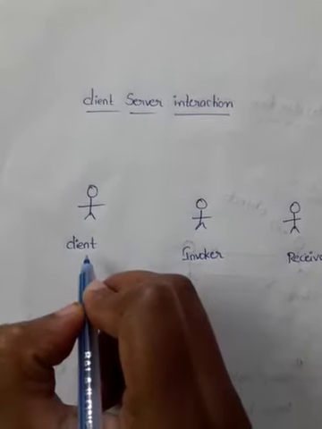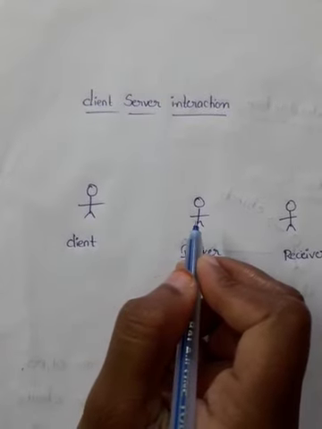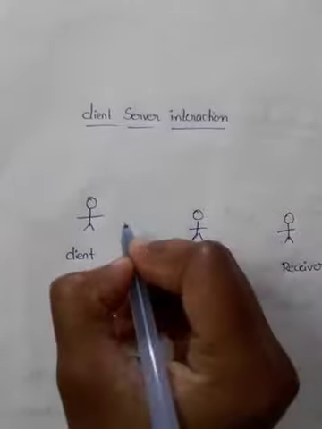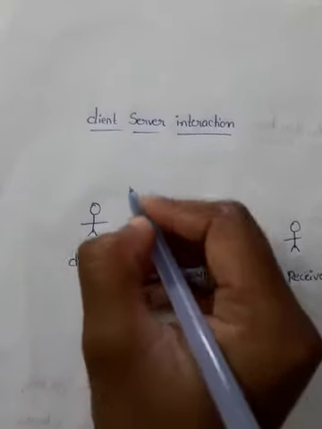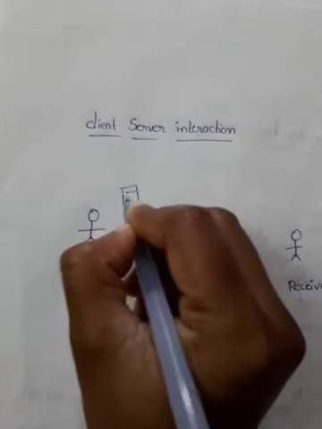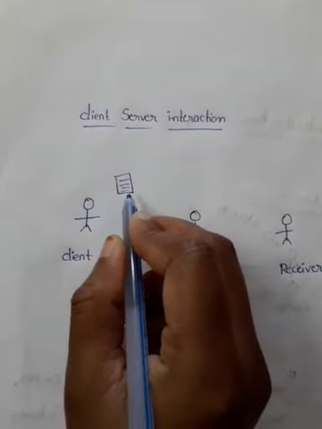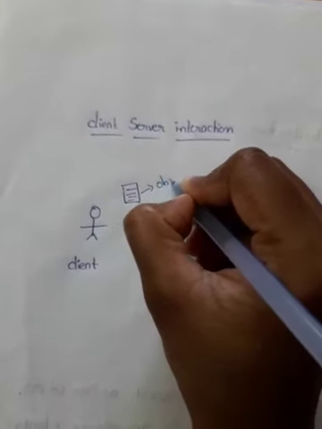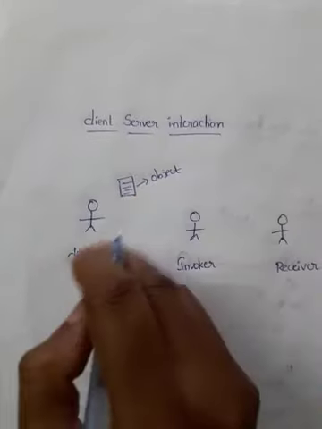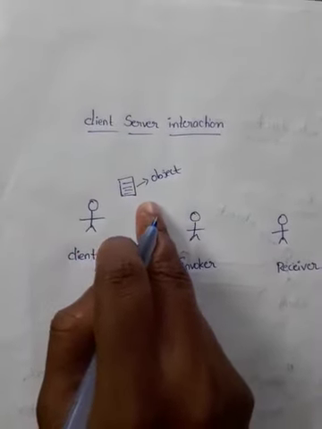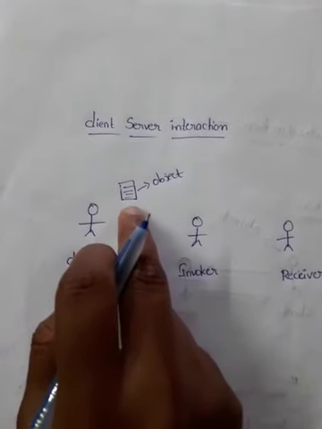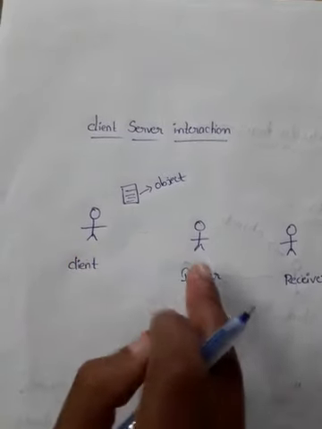Let us assume he considers the data in a document. This document is said to be an object. So he considers the data as an object, and this document consists of a collection of commands that he has to pass.